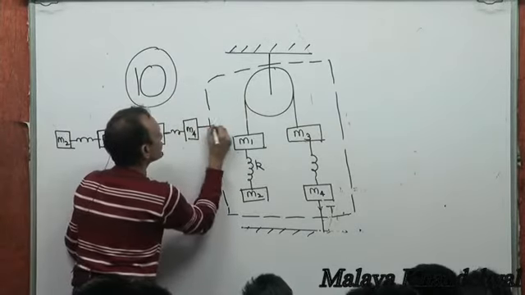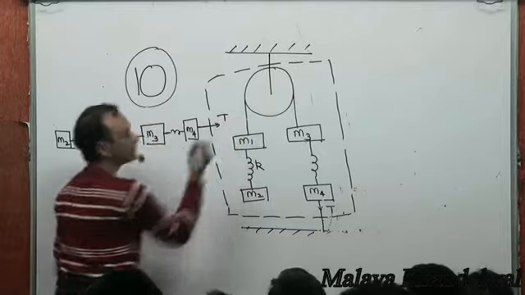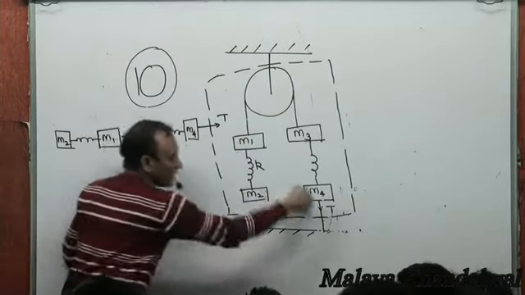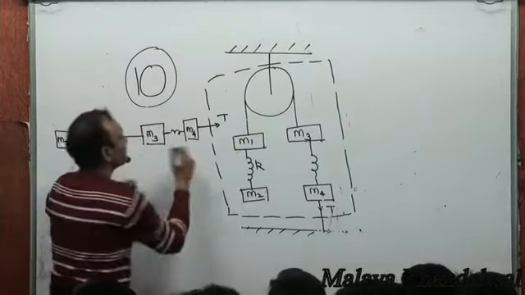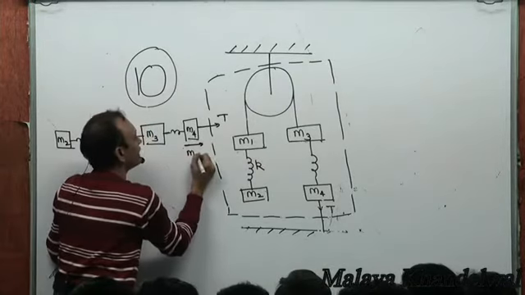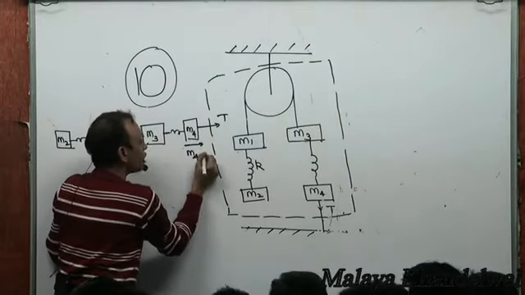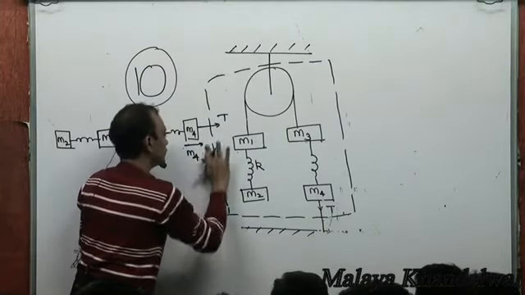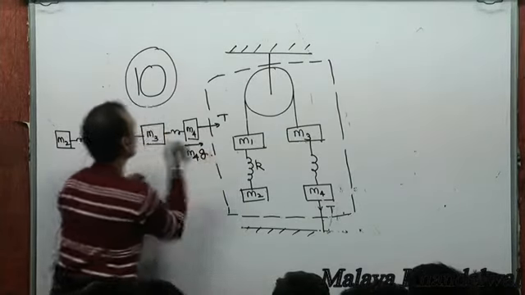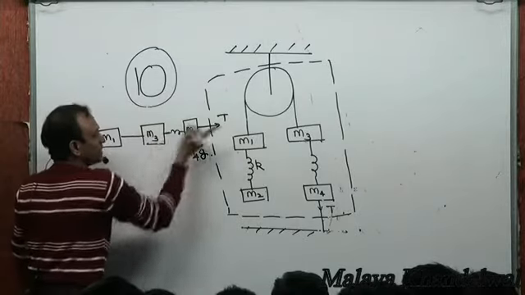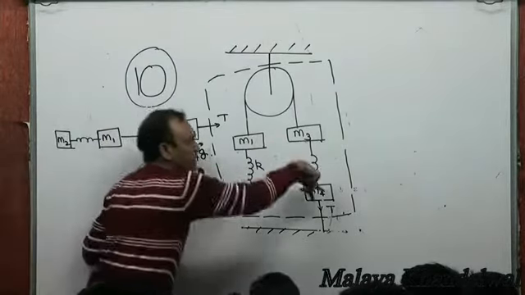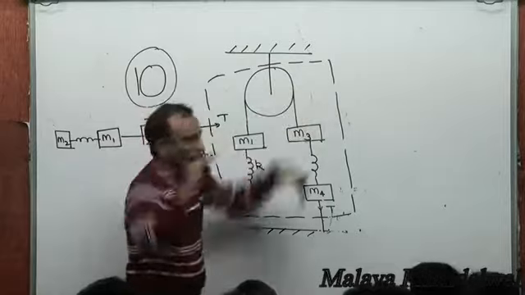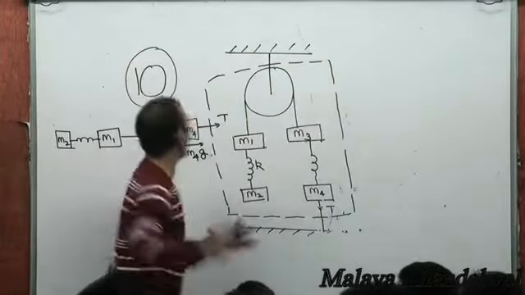Then on M4 there is going to be T to the right. Then there is going to be M4G to the right. These are all external forces. Then Mother Earth will exert on M3, M3G downwards, but it will appear rightwards when I open it up.